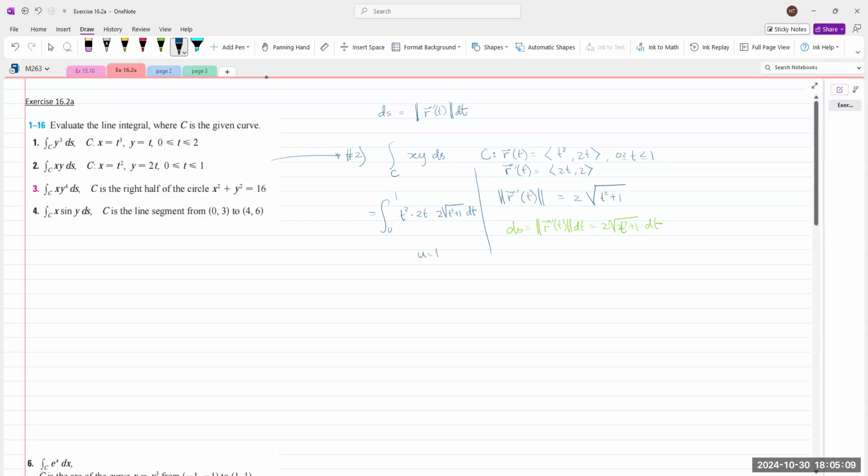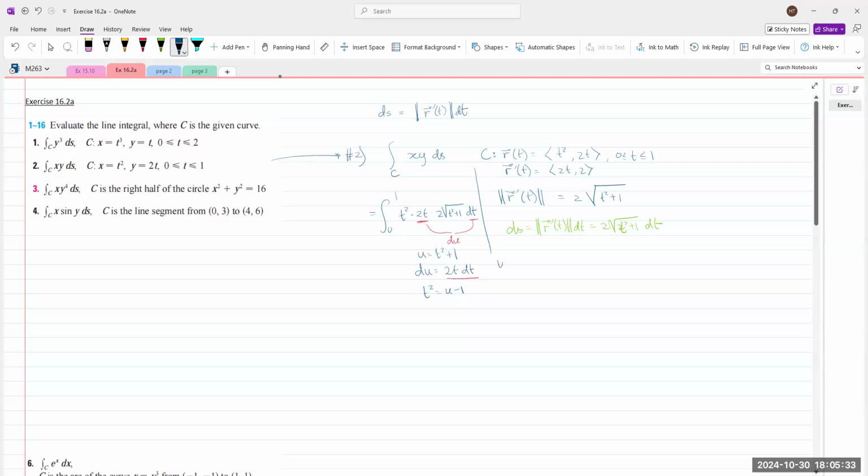u equals t squared plus 1. So du will be 2t dt. That's our du, huh? And our t squared will be substituted by u minus 1 then.